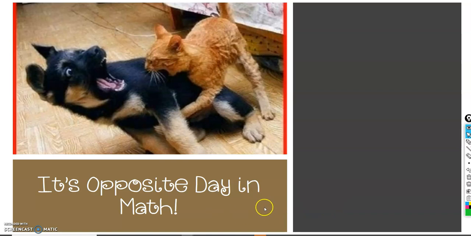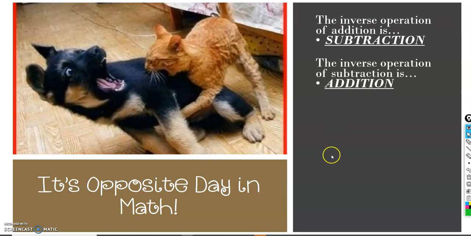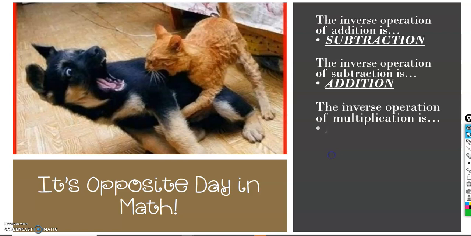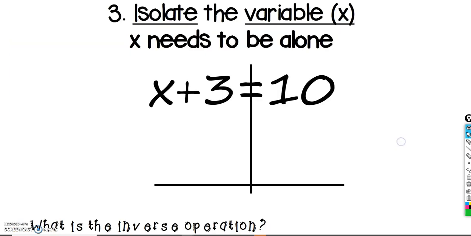So let's practice just a little bit. And remember, inverse operations are opposite day for math. So the inverse operation of subtraction is addition. The inverse operation of multiplication is, of course, division. The inverse operation of division is multiplication.